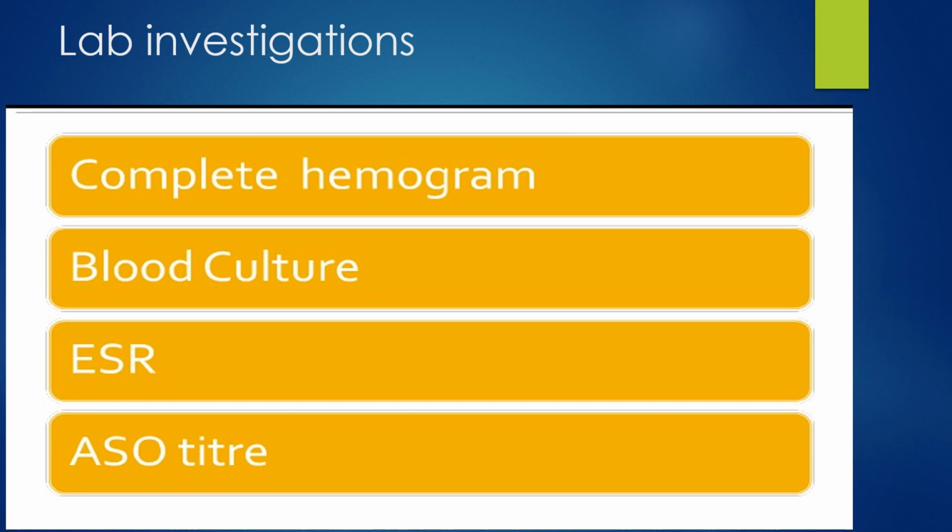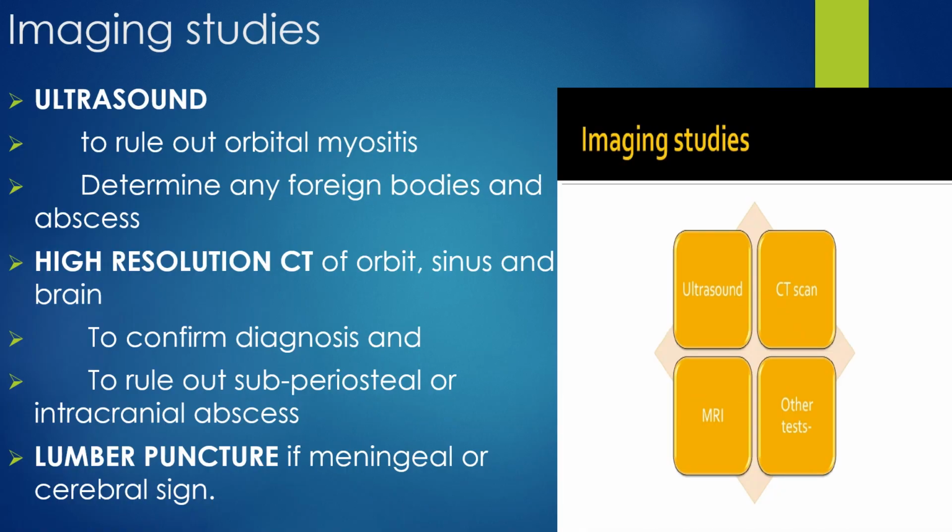For lab investigations, we need a complete blood count. The blood culture should be sent to rule out the hematogenous route. The ESR is performed, and ASO titer for streptococcal infections.